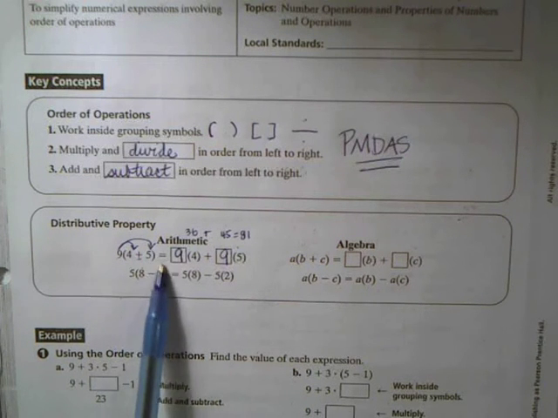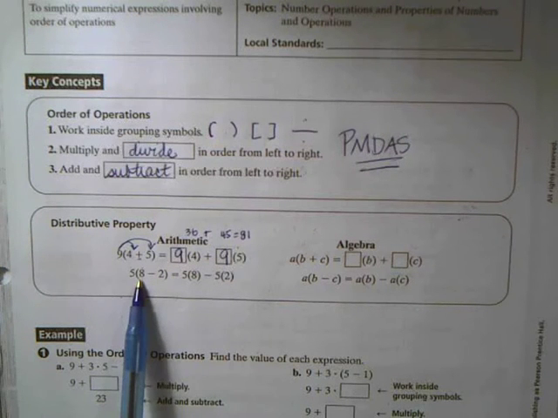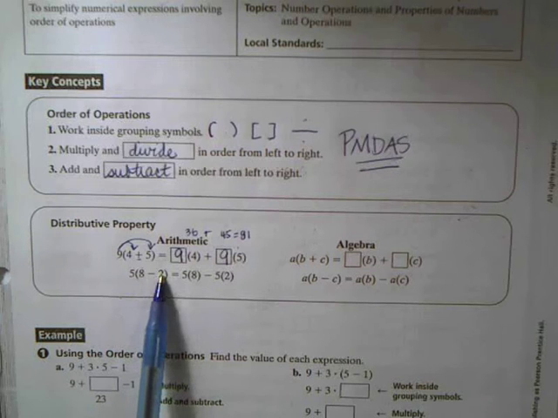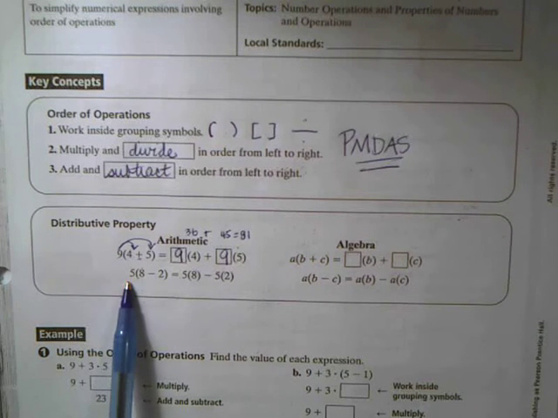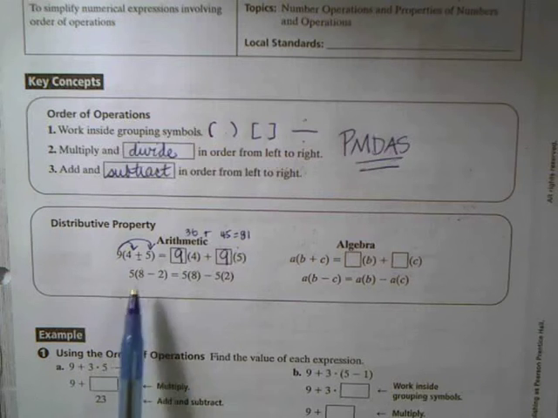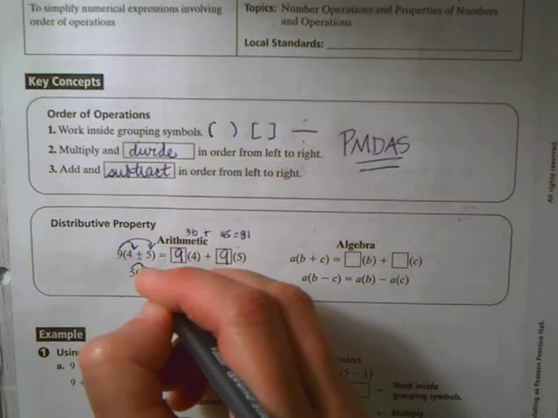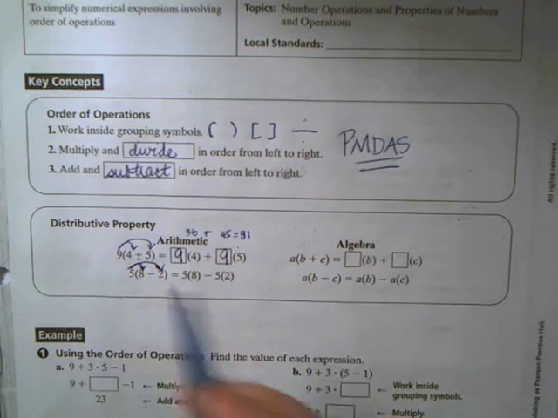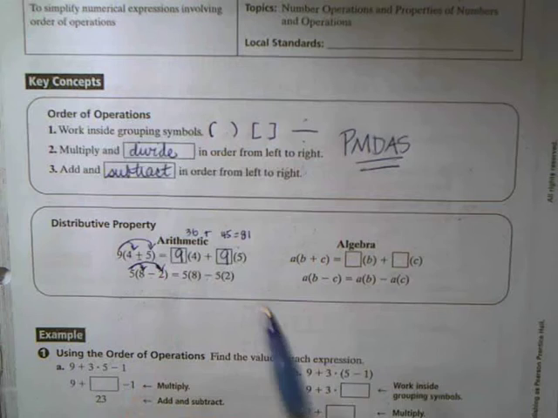We can also apply the same property when we are subtracting two numbers. So 5 times the quantity, 8 minus 2. We all know that 8 minus 2 is 6, and 6 times 5 is 30. Again, the numbers here aren't so difficult, but let's walk through the steps anyway. The 5 gets distributed to the 8 and also to the 2, and I'll use subtraction in between because this has subtraction in it.